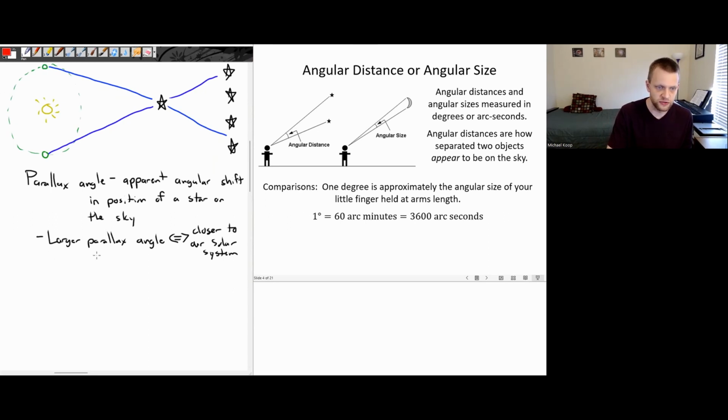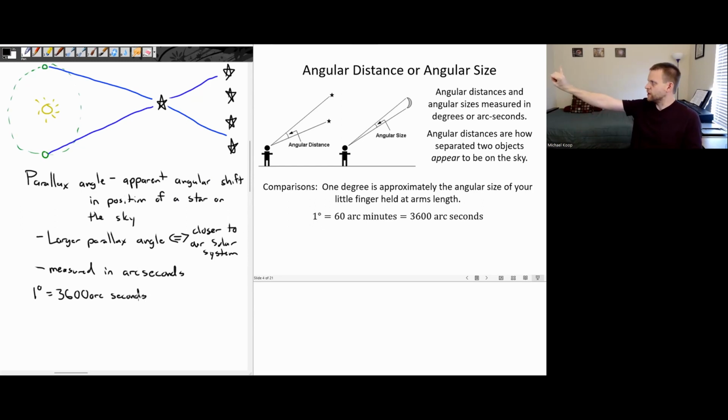These parallax angles are measured in arc seconds. Basically, 1 degree on the sky is equal to 3,600 arc seconds.